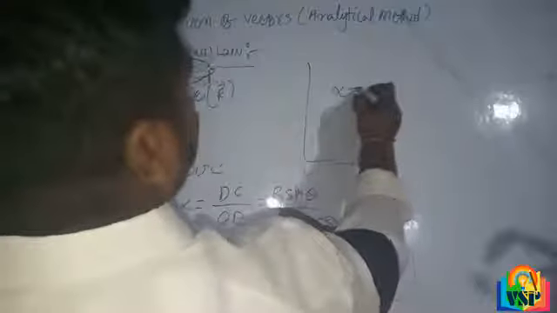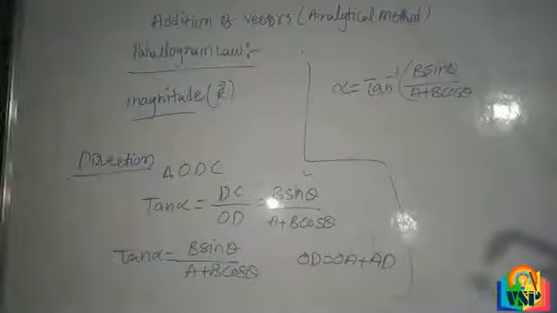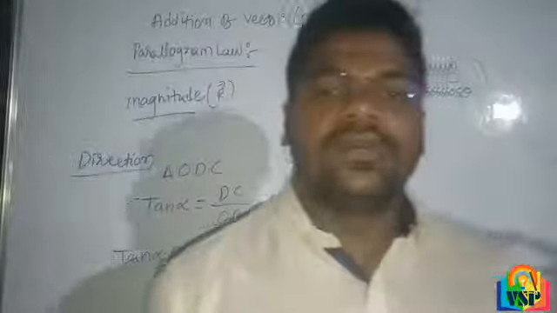So alpha is equal to tan inverse of B sin theta divided by A plus B cos theta. Understand? These are very, very important. Once again, I will explain. What is the parallelogram law statement?